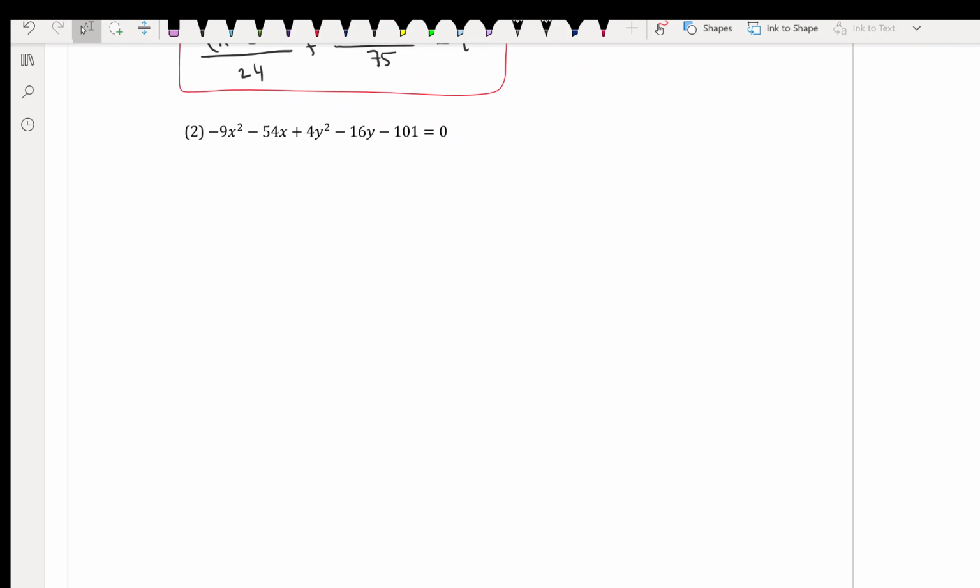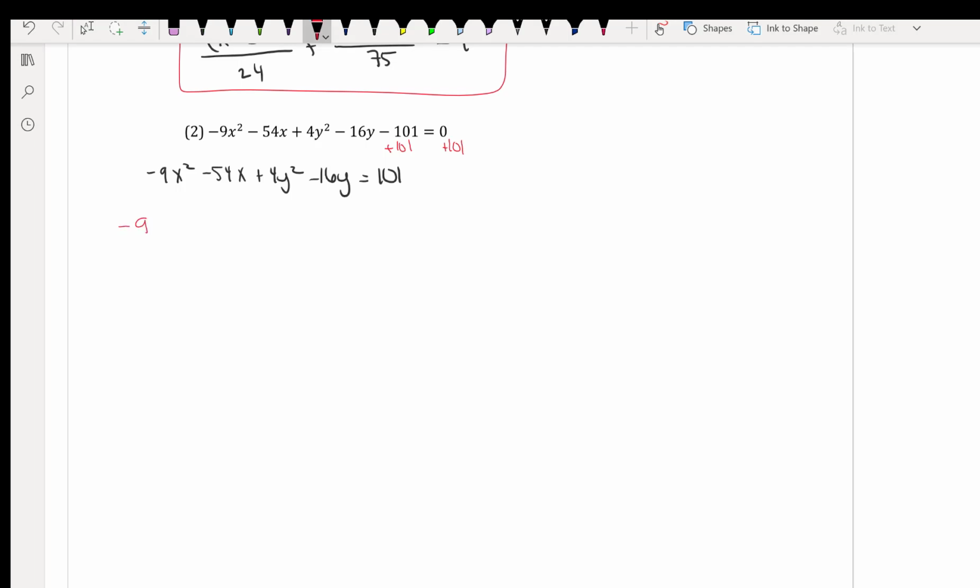So for number 2, I'm looking at this and I have my x's and my y's, and the first thing I want to do is add the 101 to both sides. So that'll give me negative 9x squared minus 54x plus 4y squared minus 16y is equal to a positive 101. And remember, you want that leading coefficient to be 1.